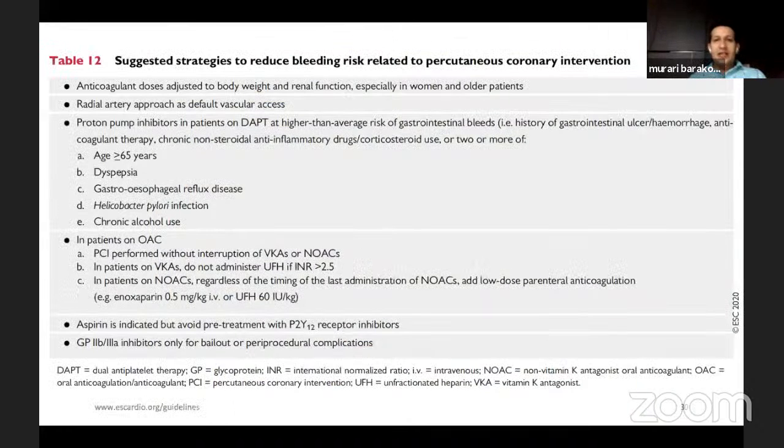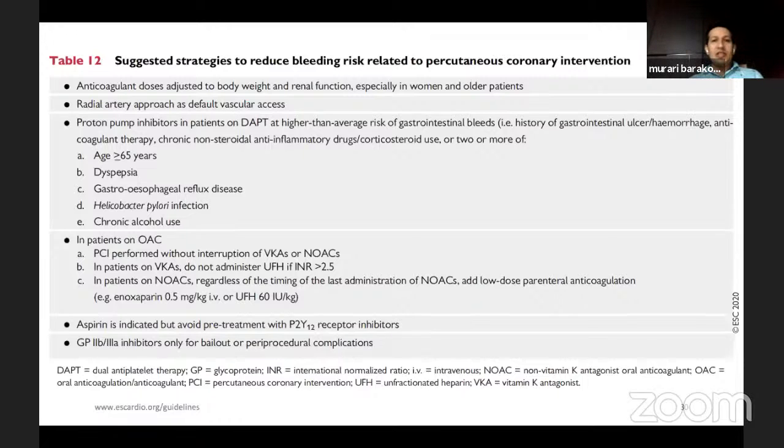So the strategy, especially in high bleeding risk patients, is that we have to be more cautious and vigilant during PCI. We have to give an anticoagulant dose based upon the body weight and renal function, and not just like 10,000 or 12,000. Radial access is much more preferred to decrease access site bleeding.